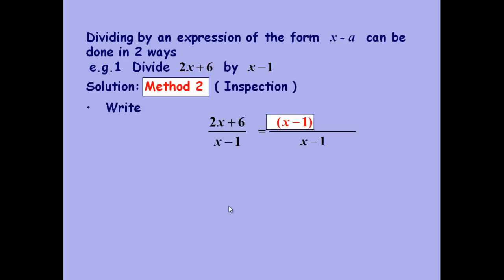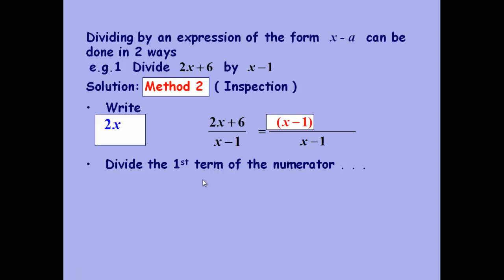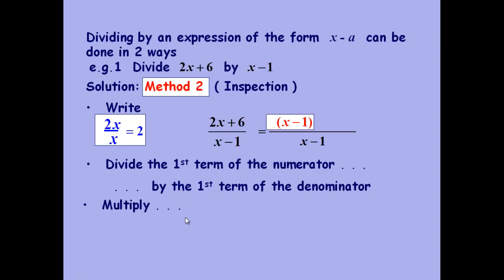Okay, the same problem using a different method, the method of equating coefficients. We write 2x divided by the first term x, and we get 2. Here we need to generate x, so we place the 2 there.